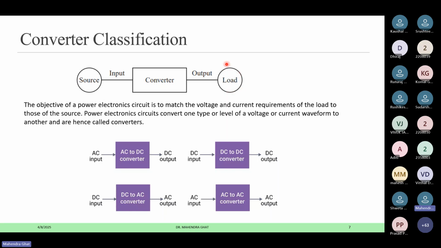Then the AC we are getting has to be controlled. For that we require something which will convert that fixed source to variable power so that we can control the load.